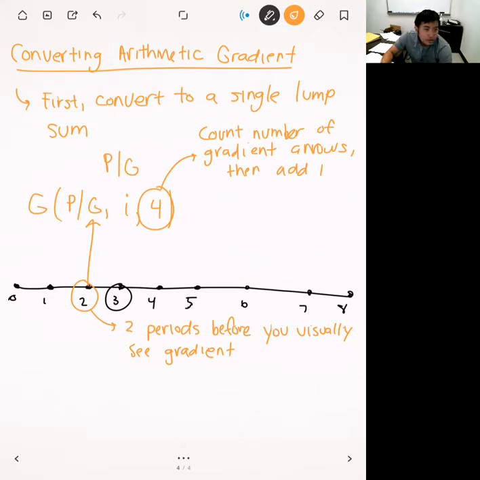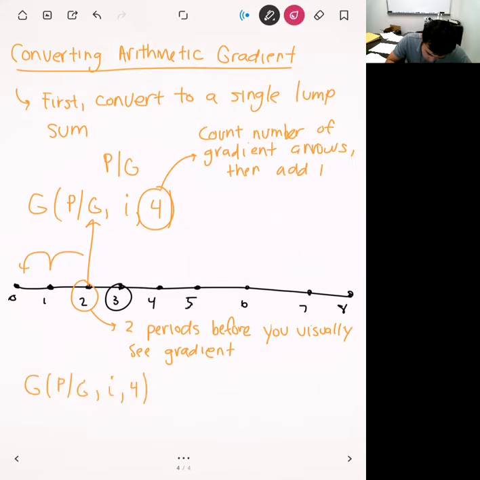Okay. And so to convert this gradient back to year 0, you can see that we have a single sum on year 2. Okay. And so to move it back, we just have to convert it back 2 more years. Okay? And so the conversion that we do, so let me go ahead and rewrite the conversion that we have so far. Okay.